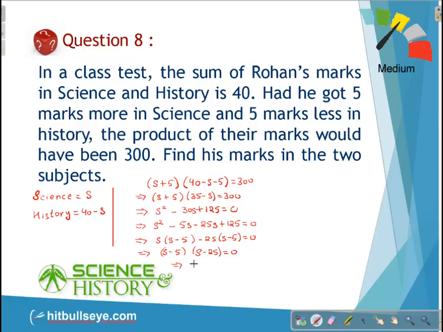That means S could be 5 or S could be 25. That means we're going to have two results.